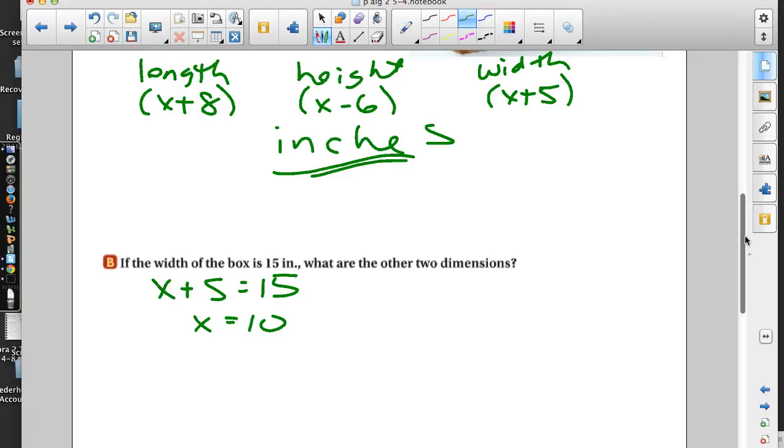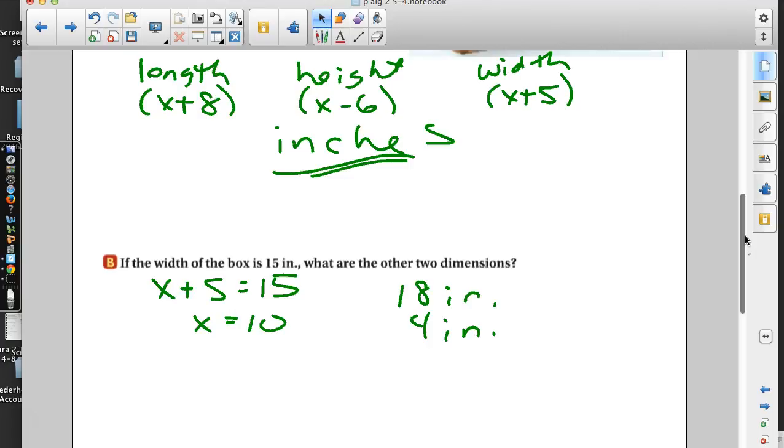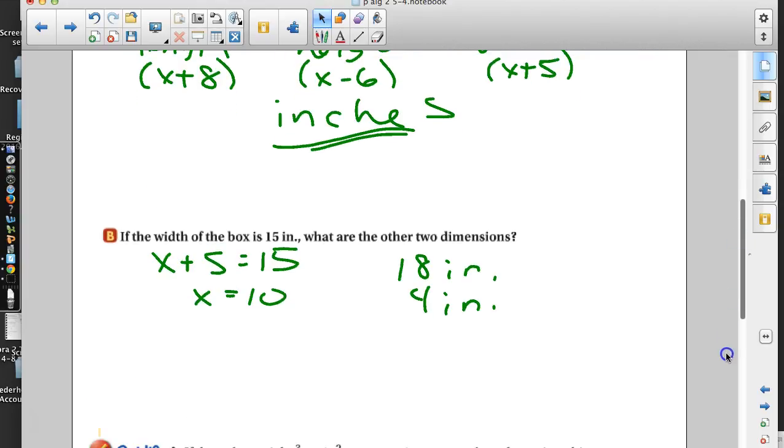Sure, you have nice little formulas right up here. 10 plus 8. 10 minus 6. We've got it. Magic. Even word problems are easier. Yes. Synthetic. So cool. So cool.